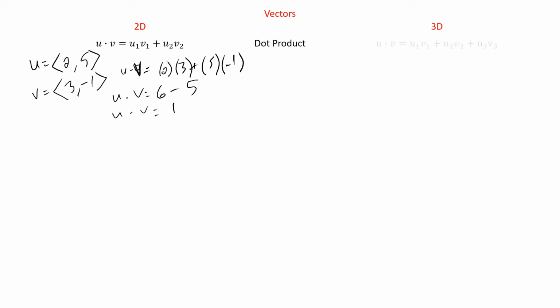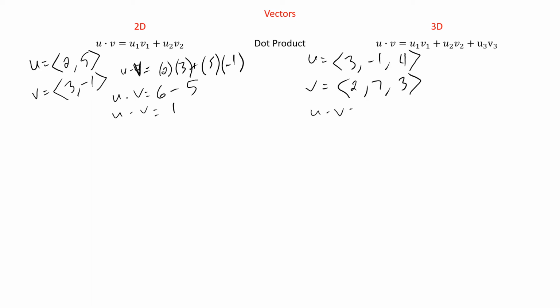In 3 dimensions, same thing, except we have the z ones we have to multiply and add in as well. So if we say u equals 3, -1, 4, and v equals 2, 7, 3, then u dot v is going to be 3 times 2 plus -1 times 7 plus 4 times 3.